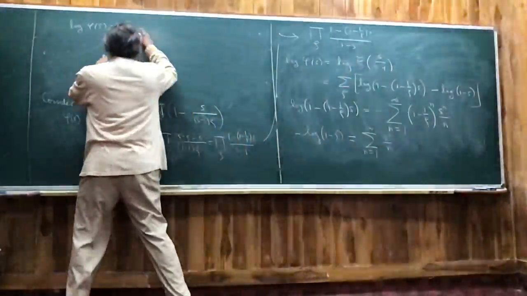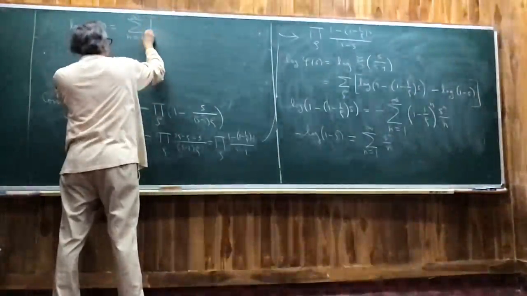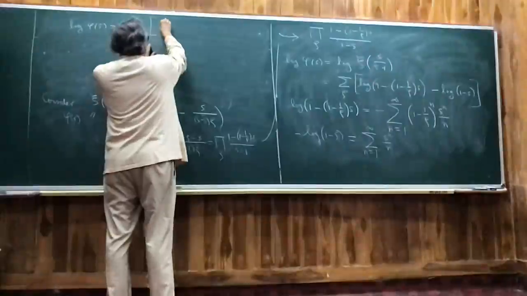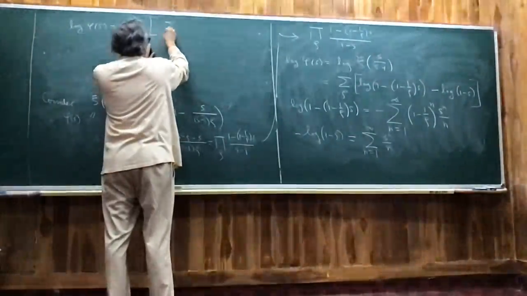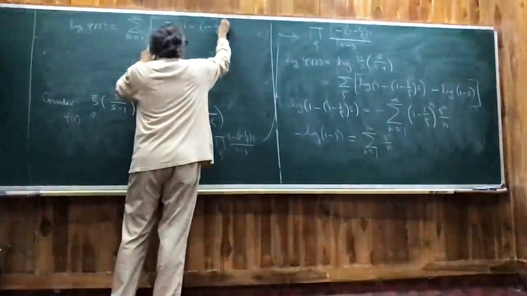Therefore, the power series expansion is the sum over rho of 1 minus (1 over rho)^n.